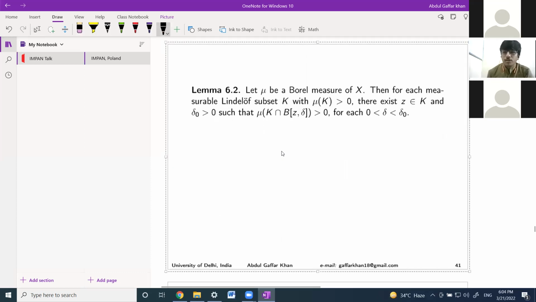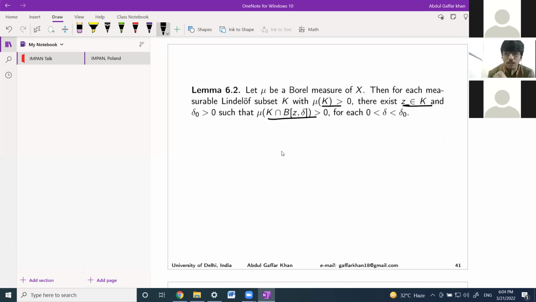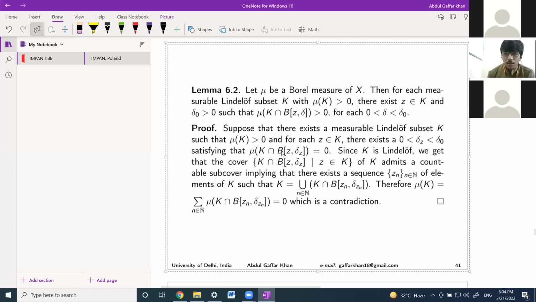We have further observed that if μ is a Borel measure, each measurable Lindelöf subset K with measure of K greater than 0 will satisfy this property. That is, we can find points z in K and δ_0 so that the measure of K intersected with this set will be positive.